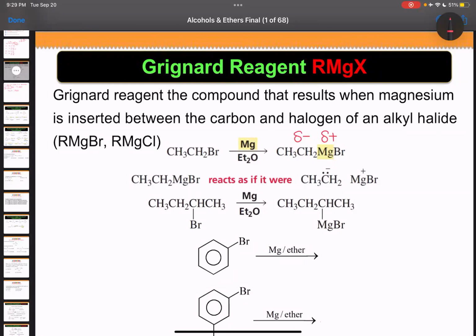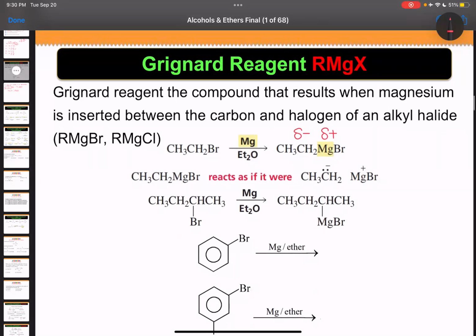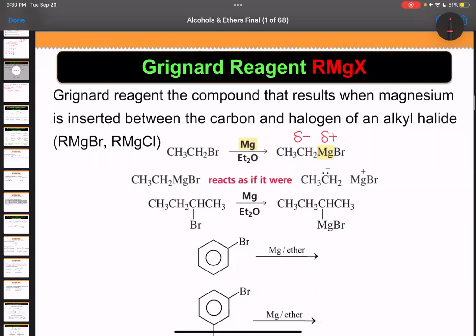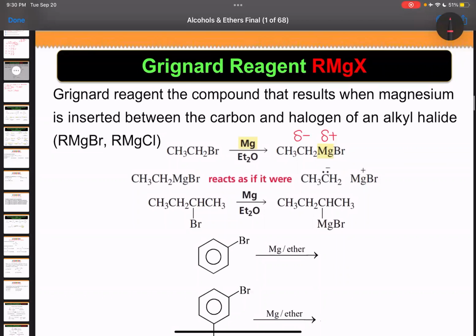And what is this? Sir, that's the mechanism. Actually, the metal is electropositive.